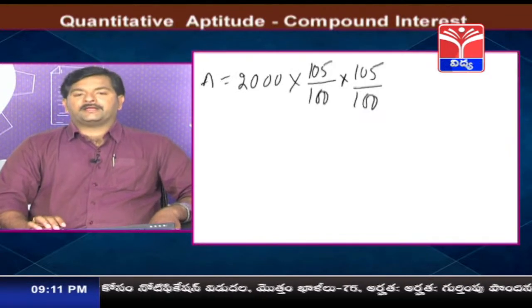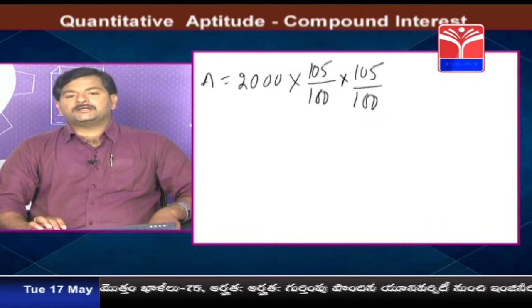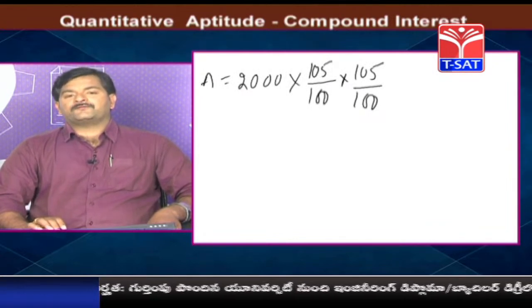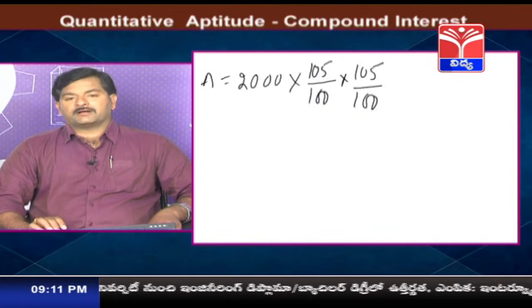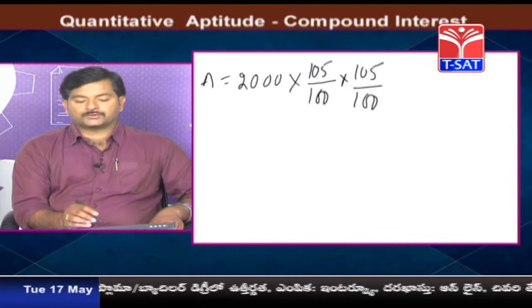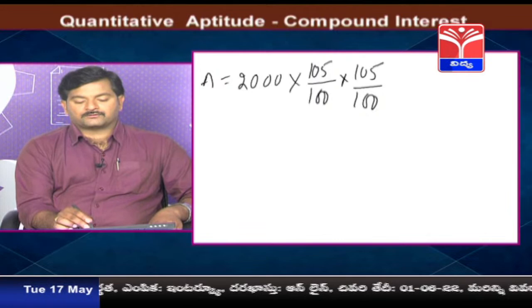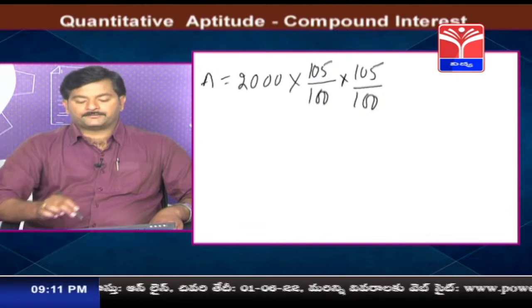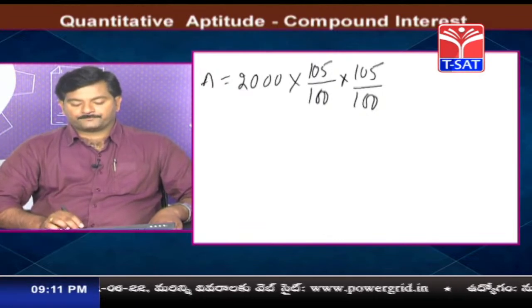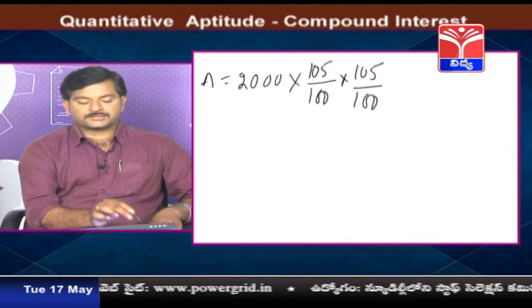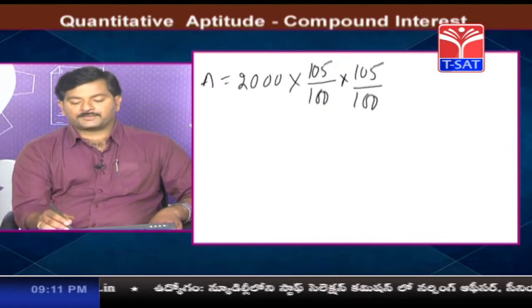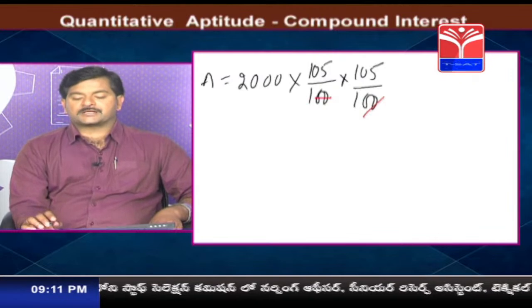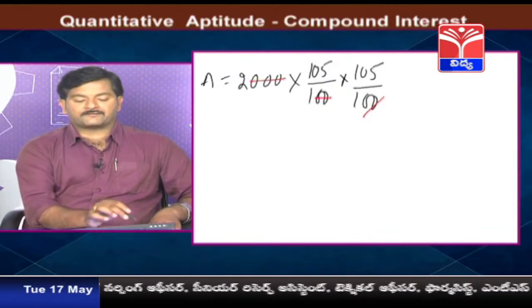That's why A is equal to 2000 into 105 by 100 into 105 by 100. So for simplification, zeros: 2 zeros plus 1 zero, 3 zeros cancel. Okay, don't disturb the second one.